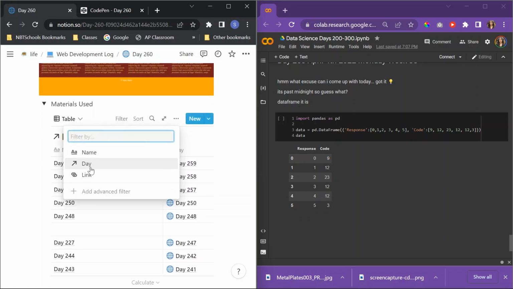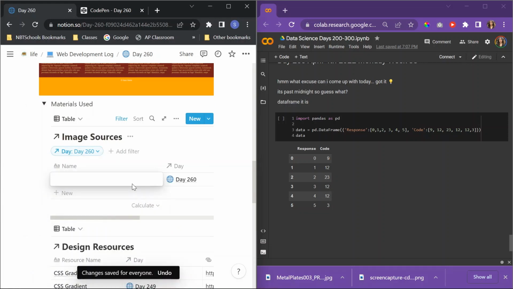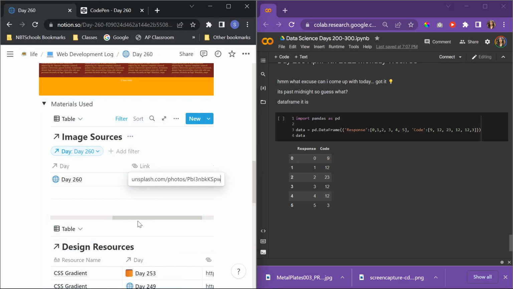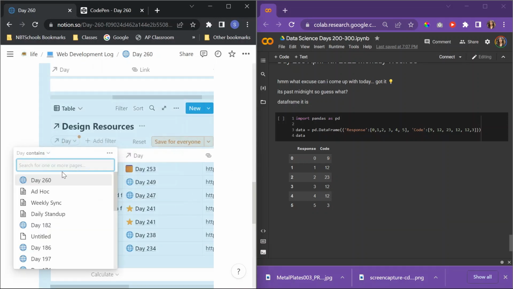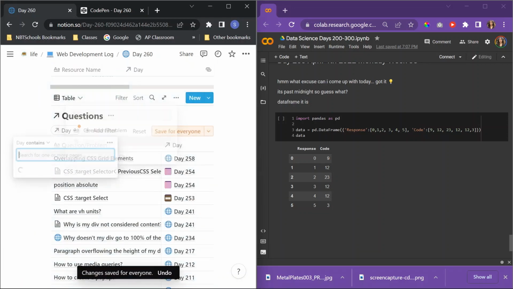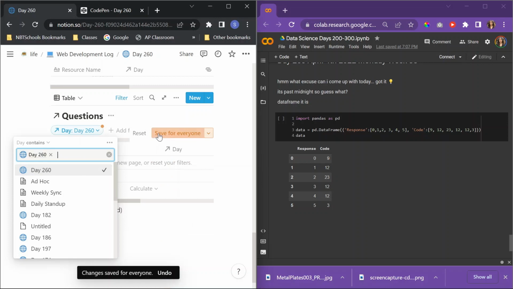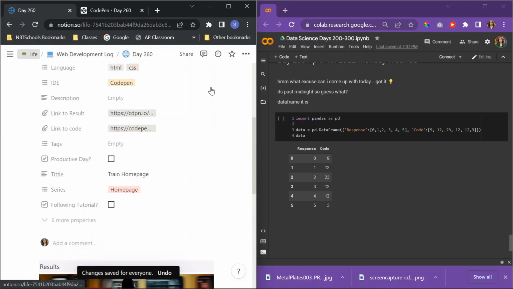So filter, day, today, save for everyone, new. I'm gonna put the link there. You don't even need to do anything, just put the link. Filter, day, today, save for everyone. Why is it highlighting? Didn't use tutorial, great, that's fine.